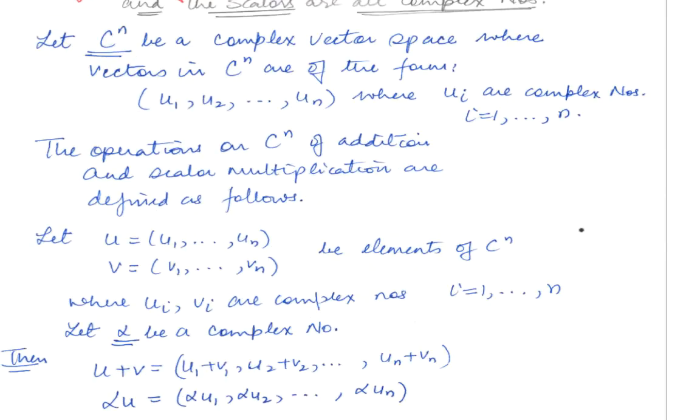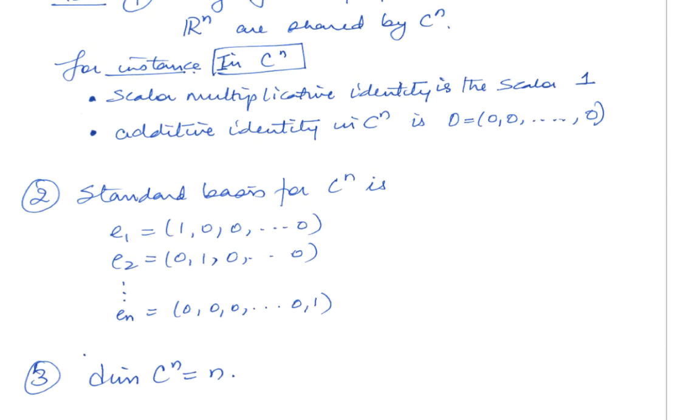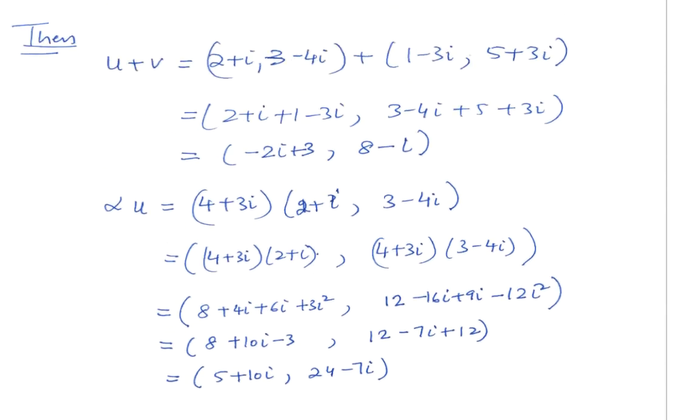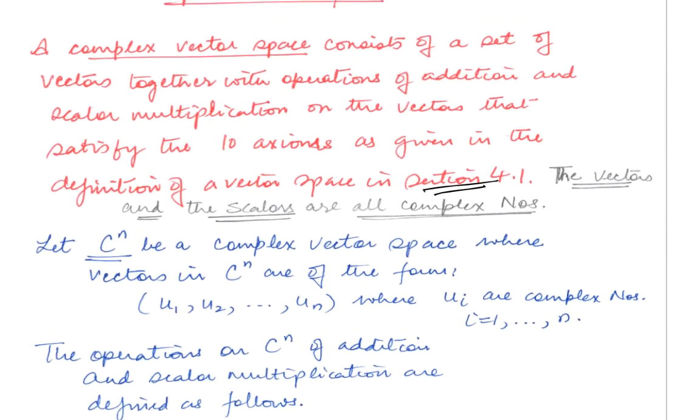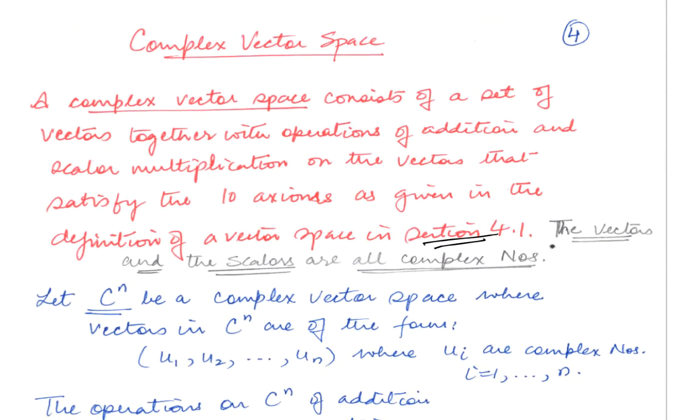The only difference here, guys, is that the vectors and the scalars are all complex numbers. That's the only difference between a complex vector space and a normal real vector space. Everything else is very similar.